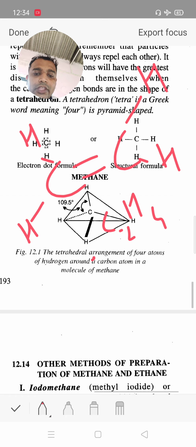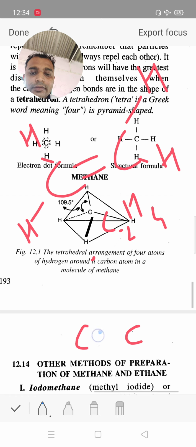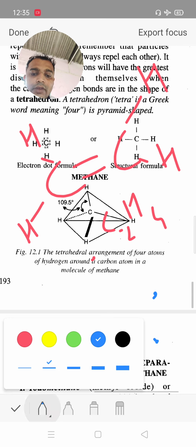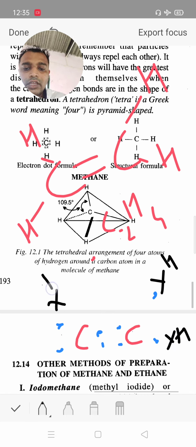Now the structure of the molecule having a carbon double bond. 1 dot, 2 dot, 3 dot and 4 dot. Another carbon, suppose, has 4 dots because the valency of carbon is 4, and hydrogen 1, 2, 3 and 4.